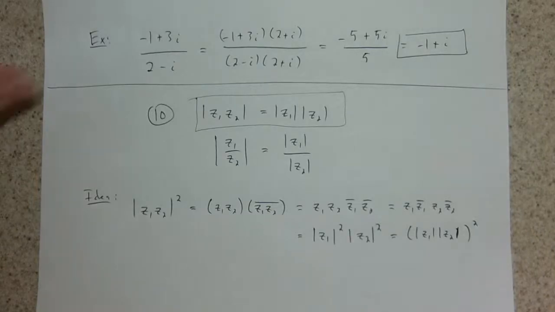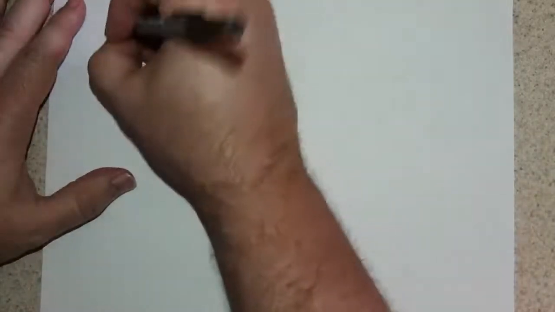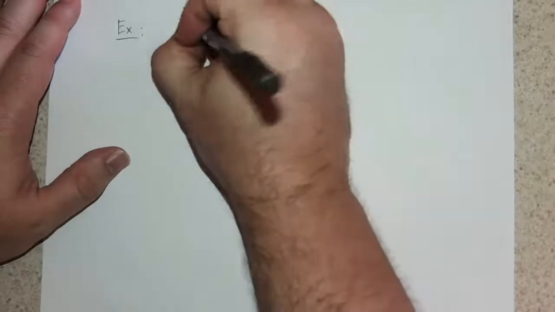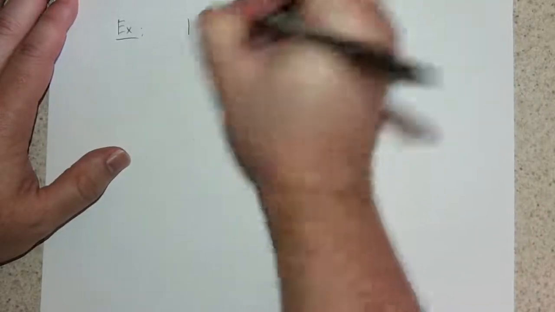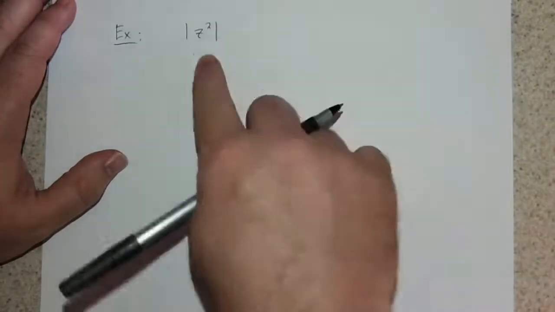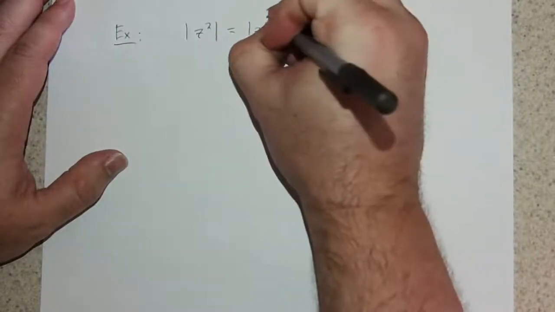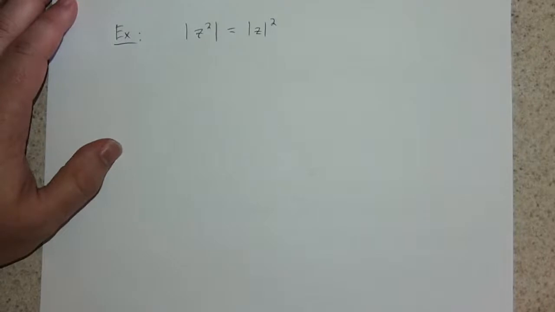All right, so one more example of an application of some of these facts as it pertains to some of the computations you're going to be doing. So consider this an exercise, or an example rather. Note that from that previous property, if I have the modulus of z squared, that is actually equal to the modulus of z, squared.